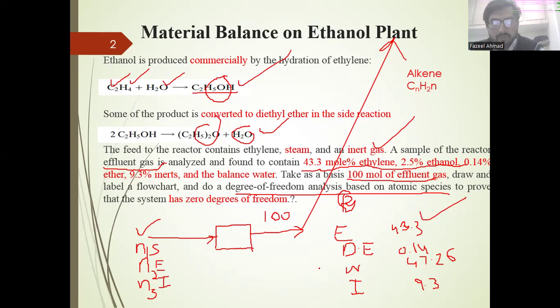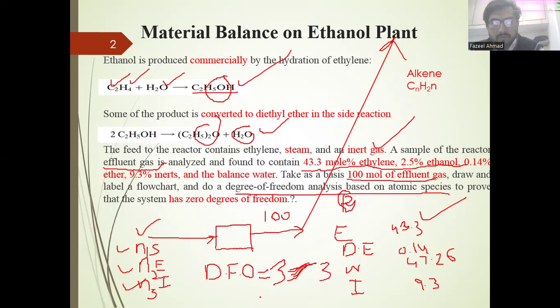What is degree of freedom? Degree of freedom tells you the solvability of any system. It tells us how we can solve the question and perform the material balance. Here there are three unknowns, N1, N2 and N3, and there are three atomic balances: first carbon, second hydrogen, and third oxygen.